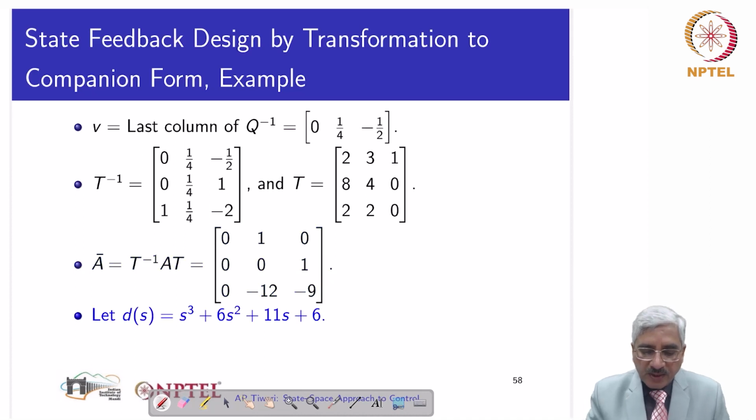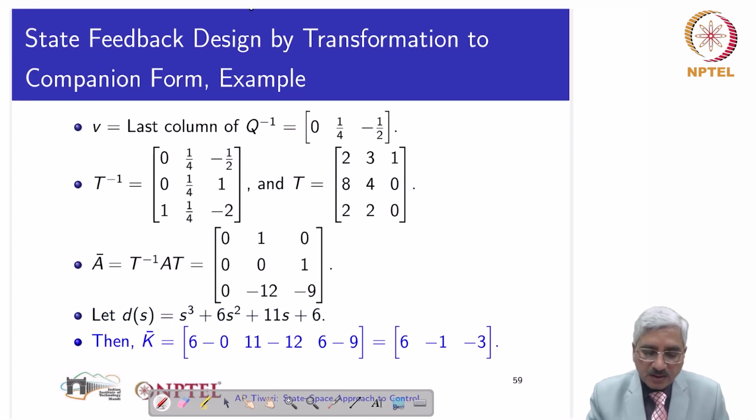And we compare, we want this as the desired characteristic equation. So the gains for the companion form system will be obtained as the difference of this and this, which comes as 6, minus 1, minus 3.